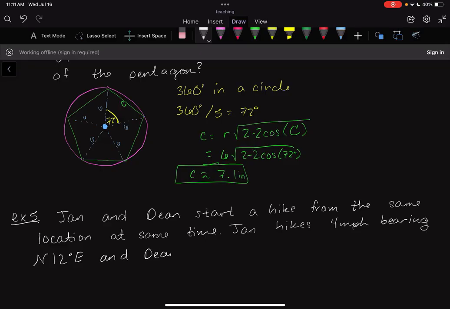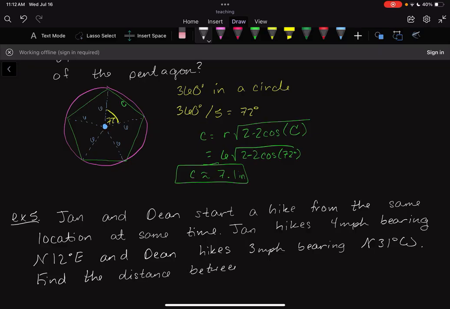And Dean hikes 3 miles per hour, bearing north 31 degrees west. Find the distance between them after 5 hours.